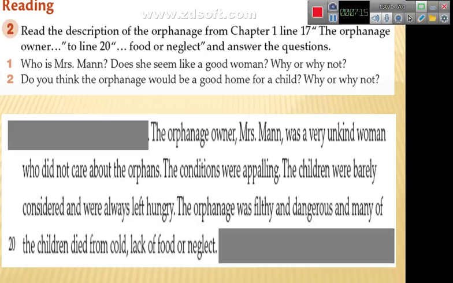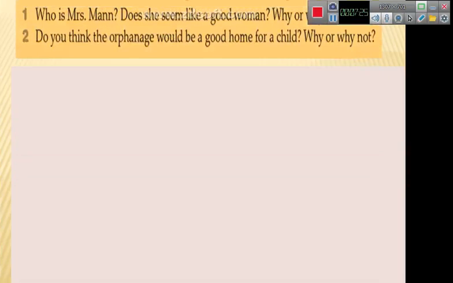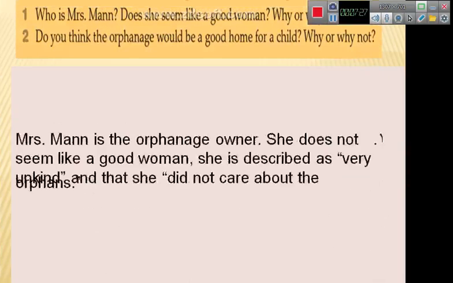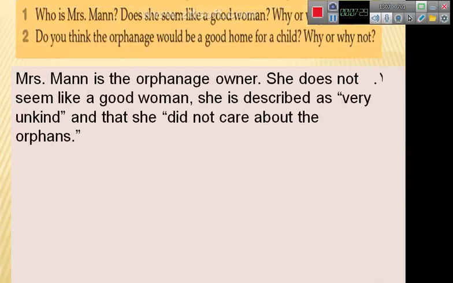It means very dirty and dangerous, and many of the children died from cold, lack of food, or neglect. Let's answer question number 1. Who is Mrs. Mann? Mrs. Mann is the orphanage owner. She doesn't seem like a good woman. She is described as very unkind. We can say she is a greedy woman.